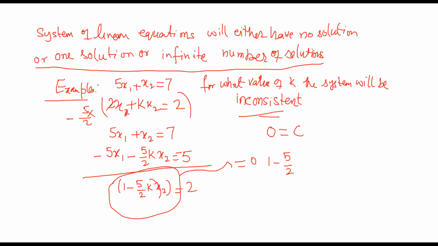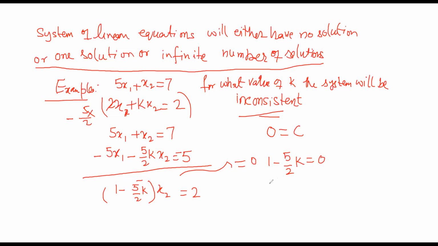Sorry, I made it very messy here. Let me write it again. So it will be 1 minus 5/2 k times x2 is equal to 2. So this 1 minus 5/2 k should be equal to 0.